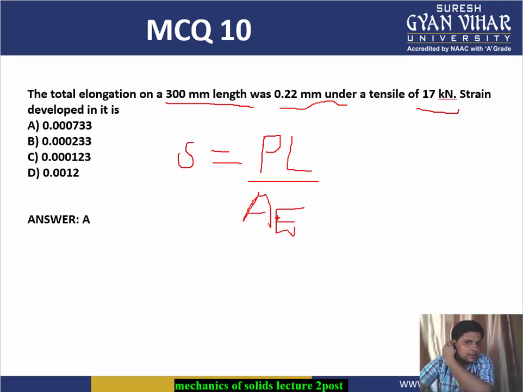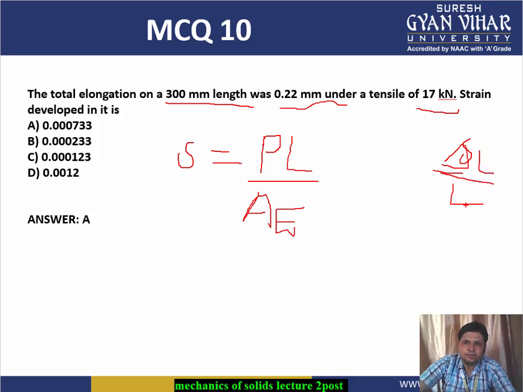All right, this is the elongation. So the question is asking you about the strain. So we all know strain is given by change in length upon length, del L by L. Del L by L gives you the value of strain.